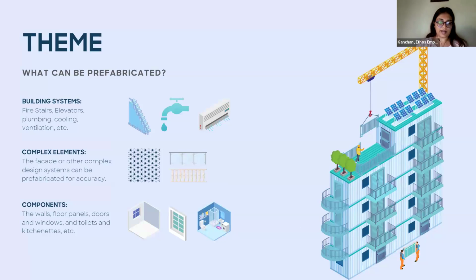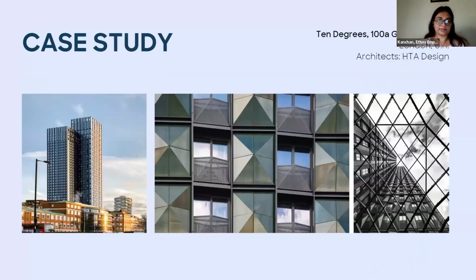Then the walls, floor panels, doors and windows, toilets, kitchenettes, etc., can all be prefabricated. So originally the foundation will be laid using conventional construction, and all of the superstructure elements, more or less, you can prefabricate and assemble on the site.